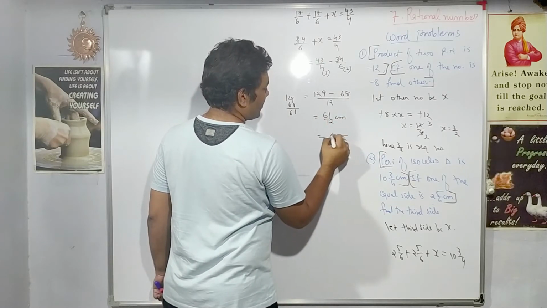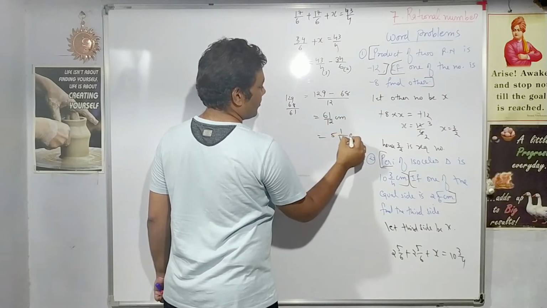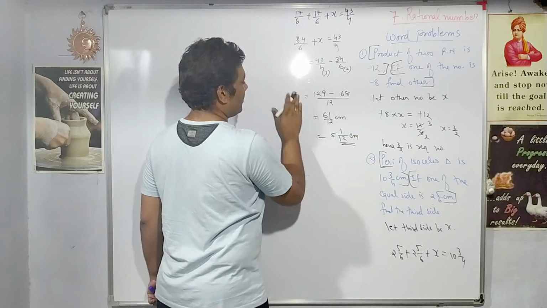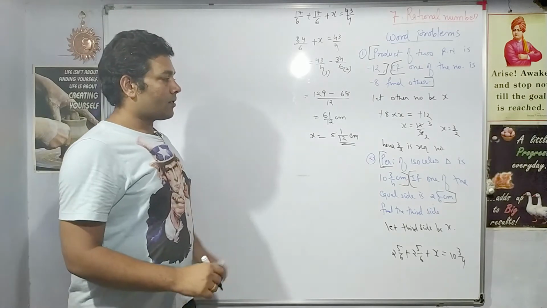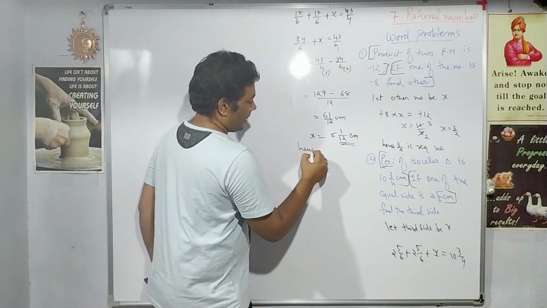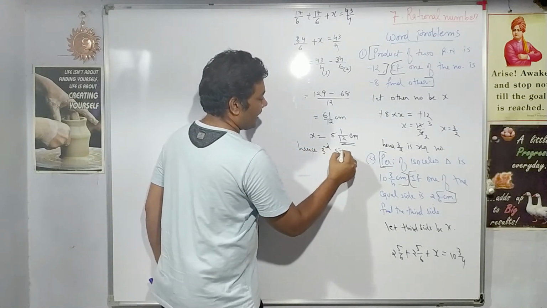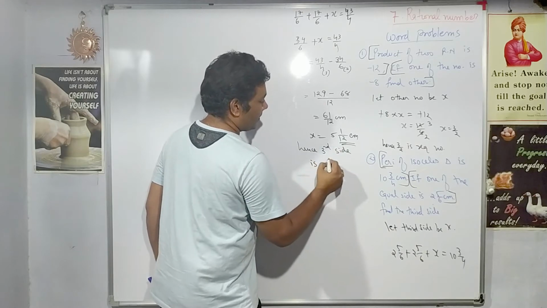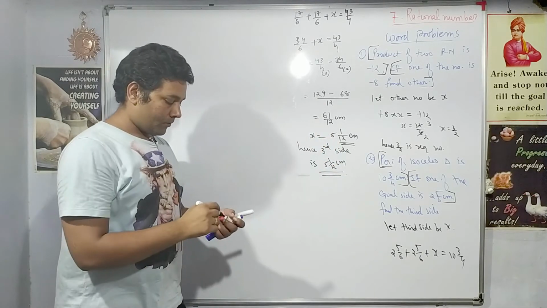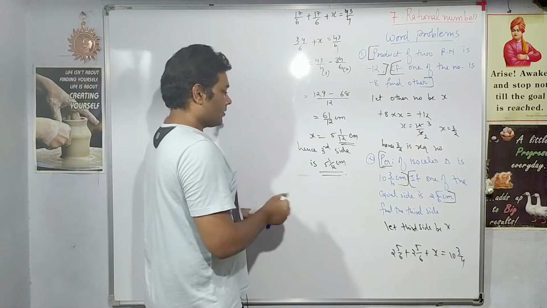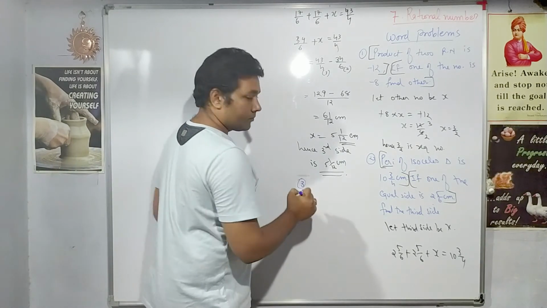So 5 integer 1 upon 12 centimeter. This is the third side. You should write it down in a statement. Hence the third side is 5 integer 1 upon 12 centimeter. This is the answer.